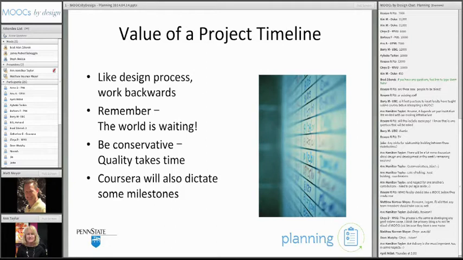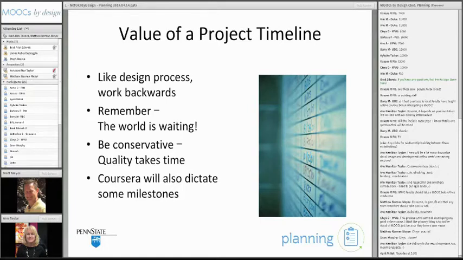I think we're going to turn now to the value of the project timeline. We've talked about how much time this takes. Some of this is good common sense for online course development, and a lot of it is good common sense for project management. So some of this may seem totally normal to you, and that's good.